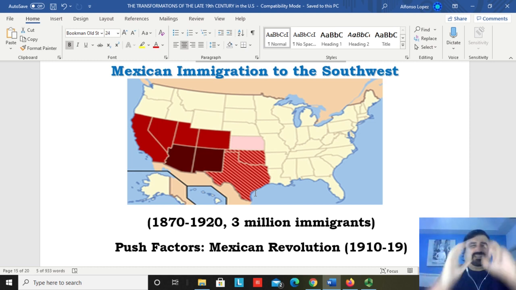Those are states that, historically speaking, were colonized by Spain back in the 1500s and 1600s. The Spaniards arrived in this region when they came from Europe, and they colonized not only Mexico, but they went up north as well. This was the Spanish frontier. It was called the Spanish frontier.